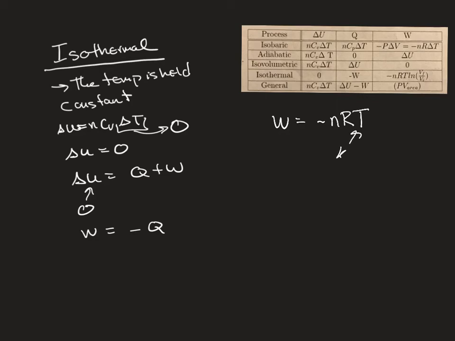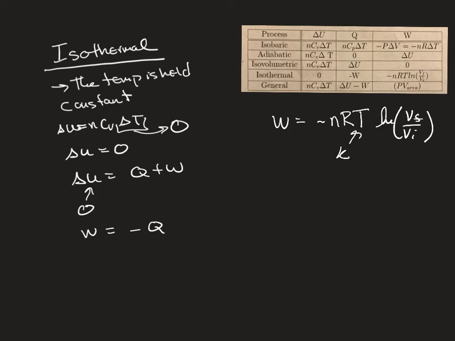This temperature must be in Kelvin because it's not a change in temperature, times the natural log. So you're going to need to find the natural log button on your calculator of the final volume divided by the initial volume. I'm not going to show you guys where this equation comes from because it does involve taking an integral of a function.